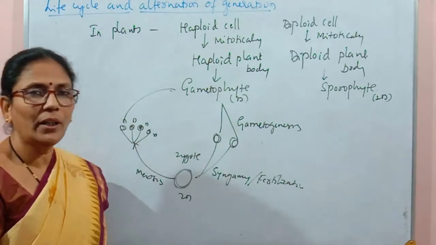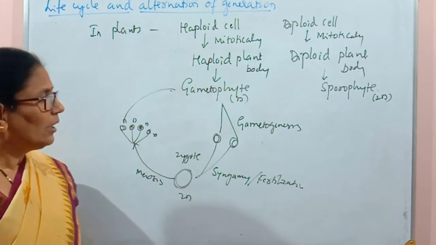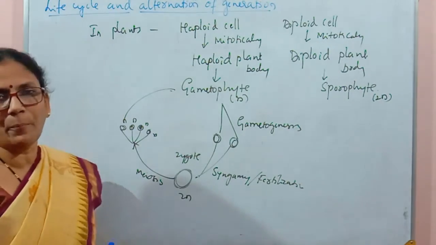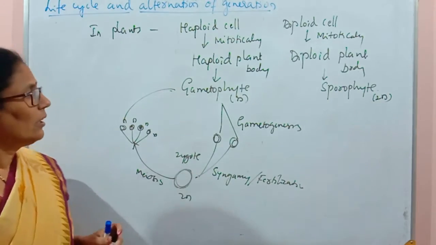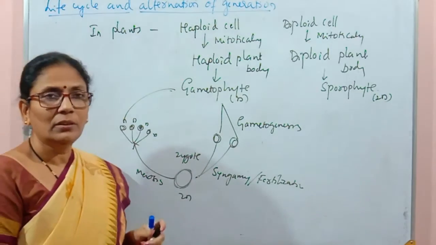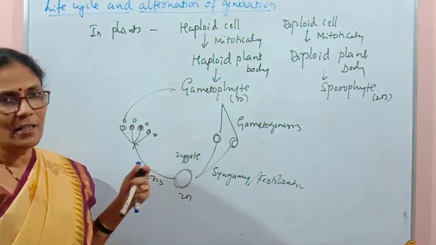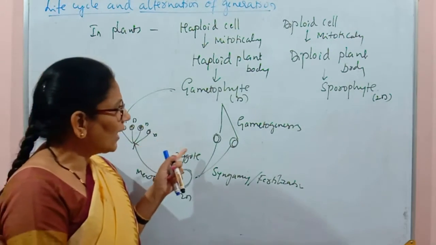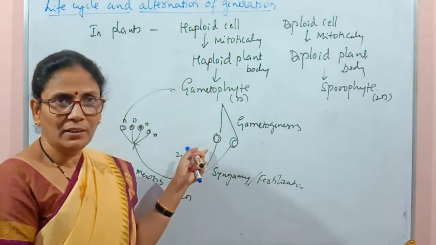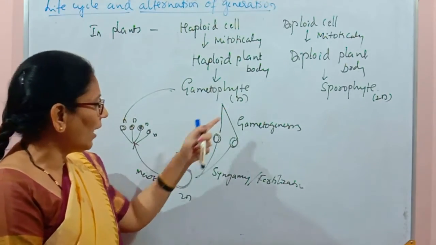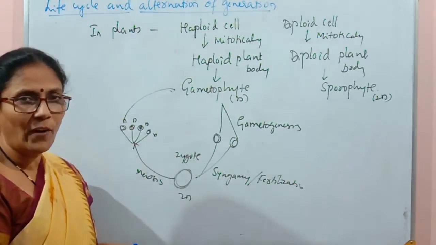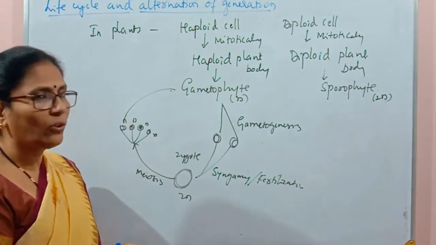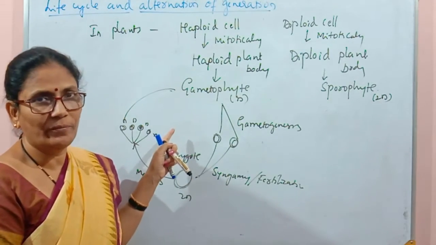So this is the life cycle we see usually in plants, which starts with the haploid gametophyte. The plants which are sexually reproducing have both gametophytic and sporophytic phases, and the cycle which takes place between haploid gametophyte and diploid sporophyte is called the alternation of generation.